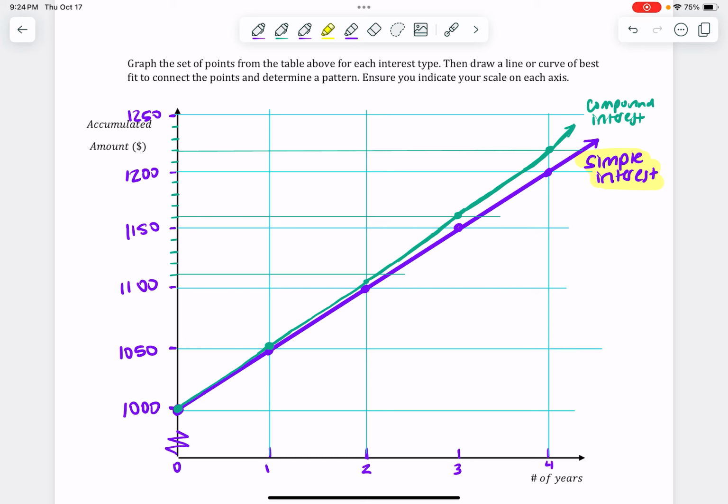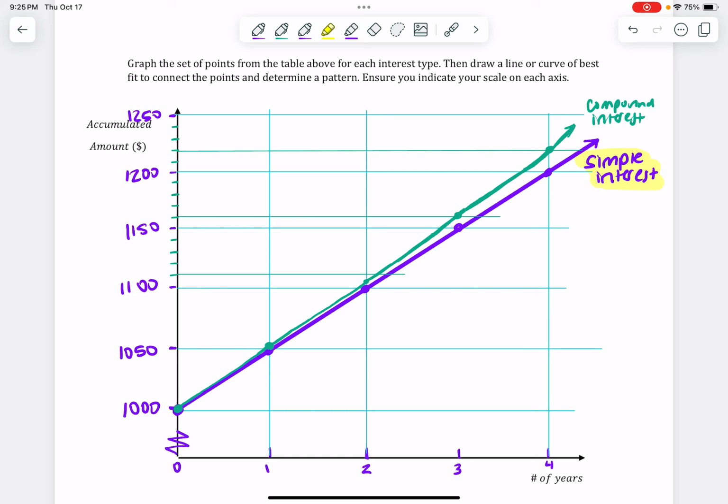When we took a look at compound interest, our compound interest not only earns interest on the original principal, right? That's why we're seeing more than just $50, but we're earning interest on the interest that we also earn, which is why we had just over $50 in the first year and a little bit more than $100 after the second year.